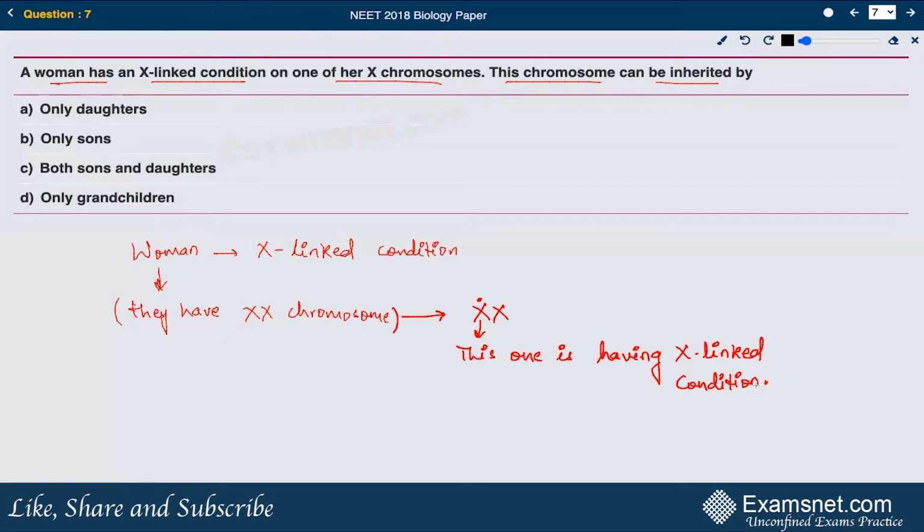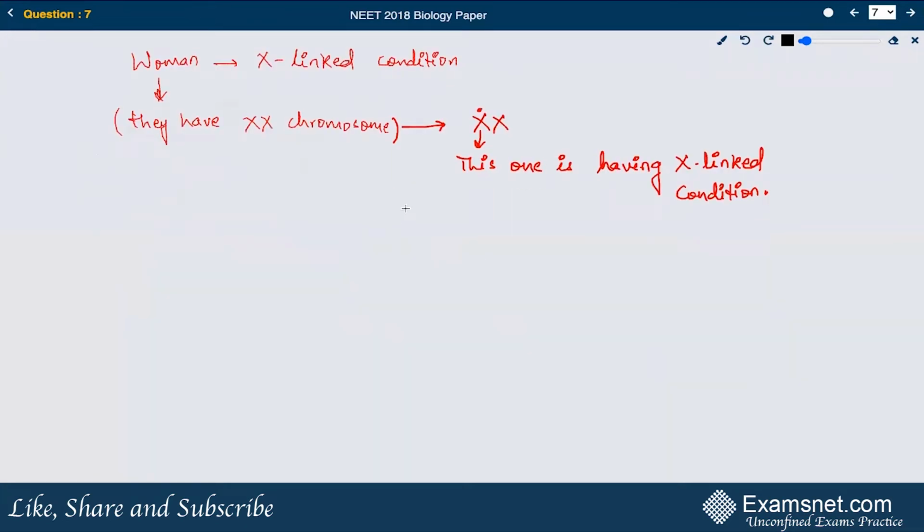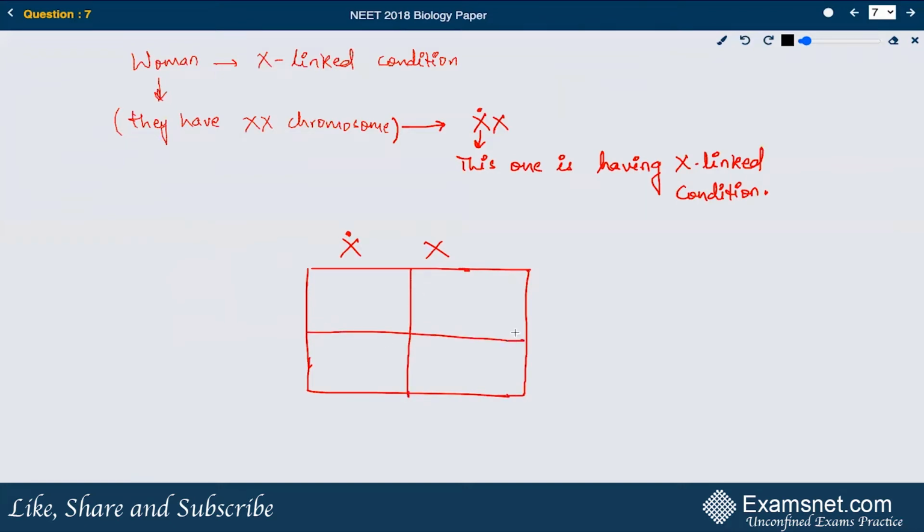If you draw the possibilities, if you draw the Punnett square like this, here will be male and here will be female. This is going to come like this.